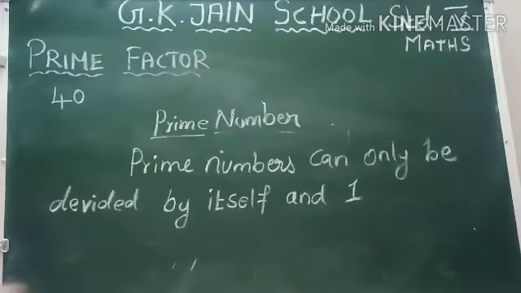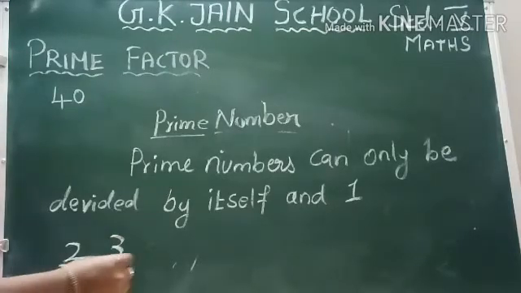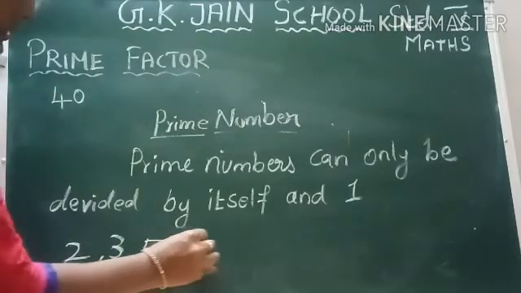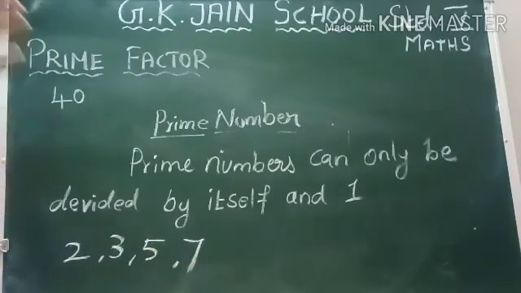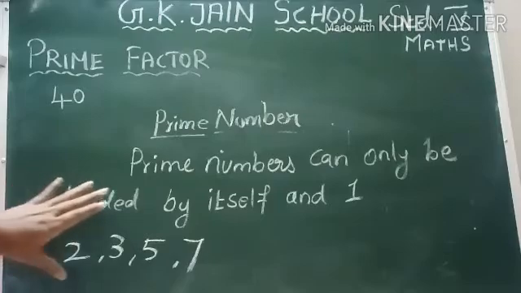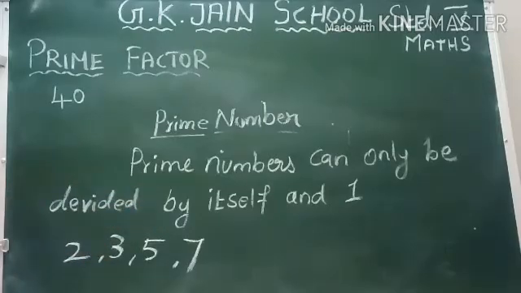For example, 2 is only divided by 2 and 1 table. 3 is only divided by 3 table and 1 table. 5 is only divided by 5 table and 1 table. 7 is only divided by 7 table and 1 table. So this kind of numbers, only divided by itself and 1, are called prime numbers. Got it?